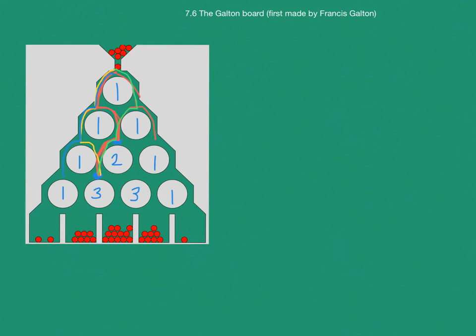Now, I did talk about the ball having a choice of which way to go, and in the next video we're going to look at some strange notation, where this big C actually stands for choice, and we're going to write some strange letters next to that C, and look at what that means.